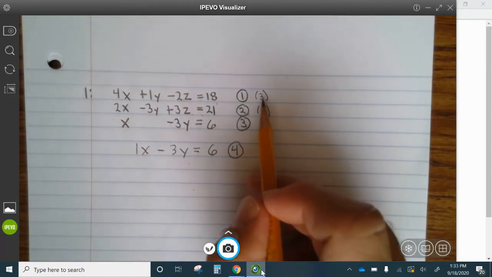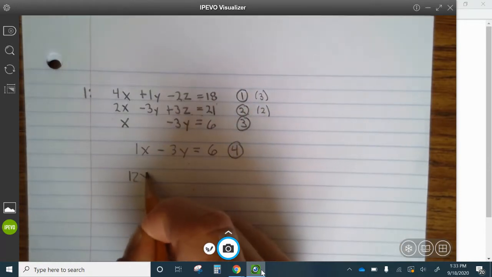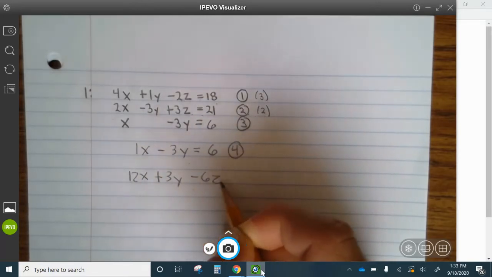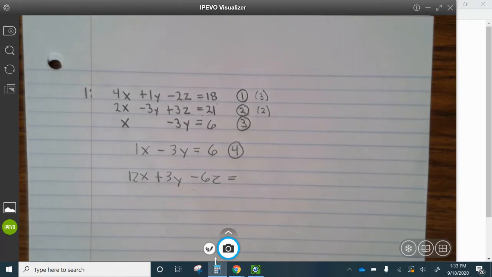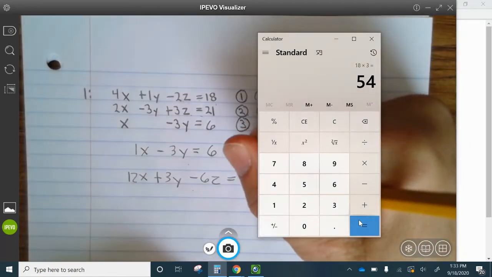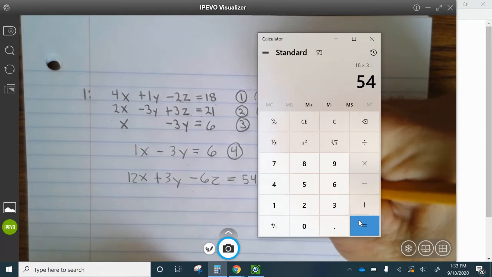So let's multiply equation 1 by 3. So 3 times 4 is 12x plus 3y minus 6z equals 3 times 18, which is 54. And so that's equation 1 multiplied by 3.